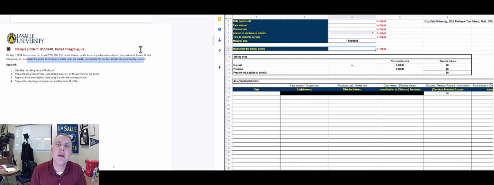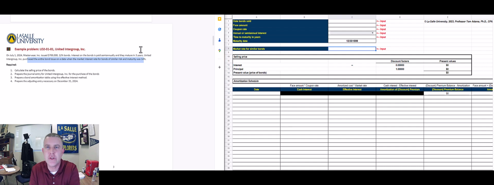So the only thing that Masterware can do here is reduce the value of their bonds, from $700,000 to something less, to compensate investors for that lower level of interest that they're going to be earning when they invest in Masterware, as opposed to investing in some other company. Okay, so there is a very specific way that we use to calculate the selling price of a bond.